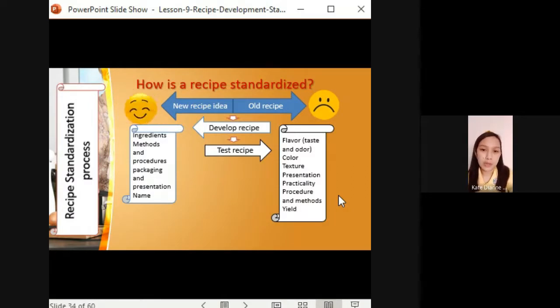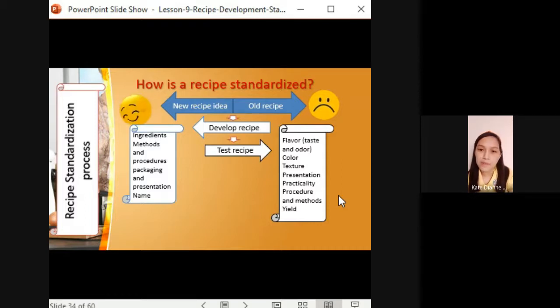So once you think about those to develop the recipe, the second thing you do is to test the recipe. So in testing the recipe, you will test the flavor, and also the odor, the texture, the presentation, the practicality, or kung gaano kabilis natin gagawin yon, yung naisip natin na product na yan, kung gaano katipid natin siya magagawa, or gaano karami yung magagasto.